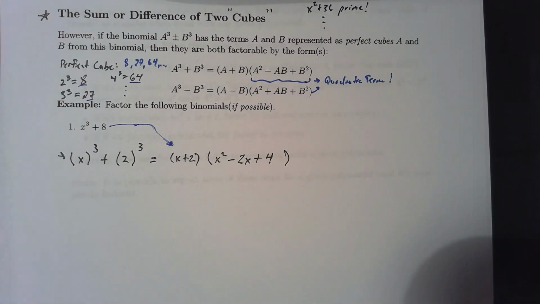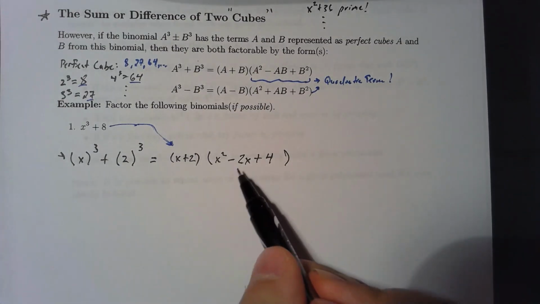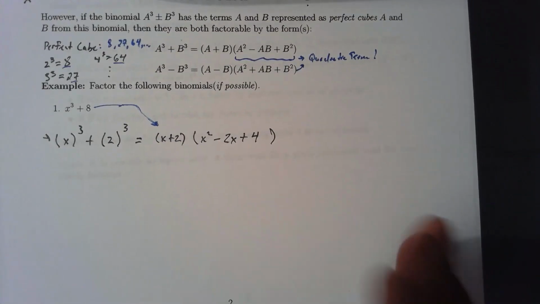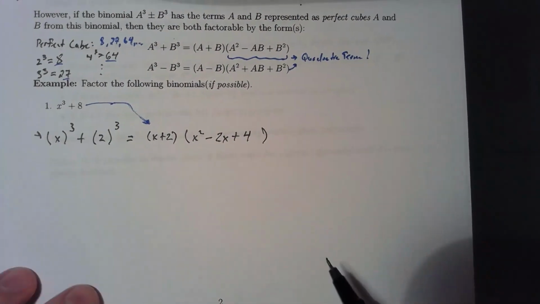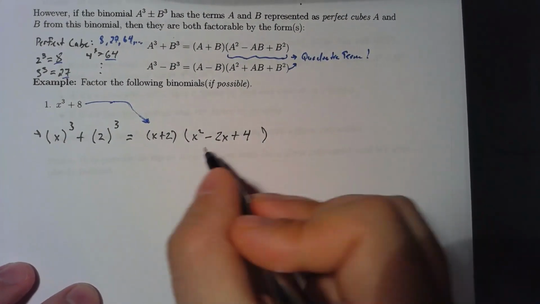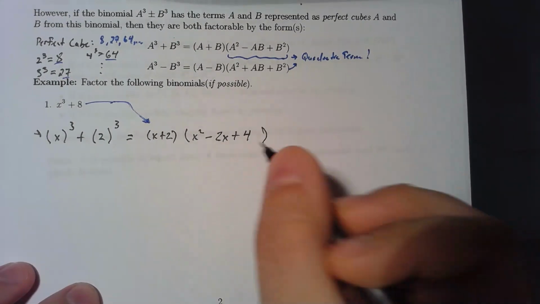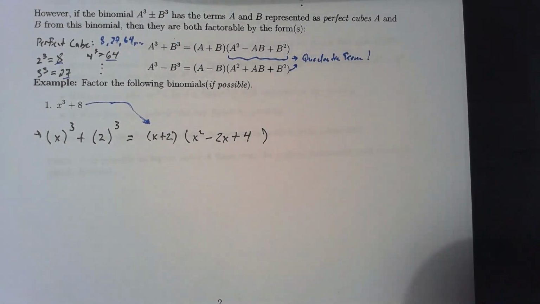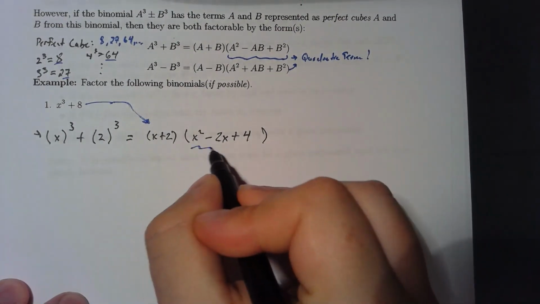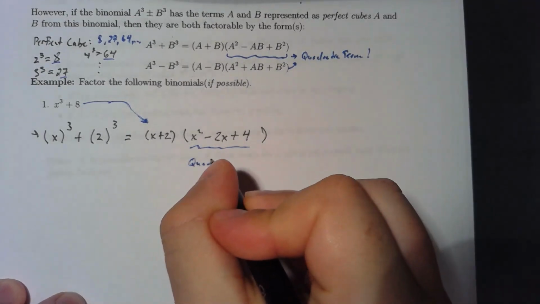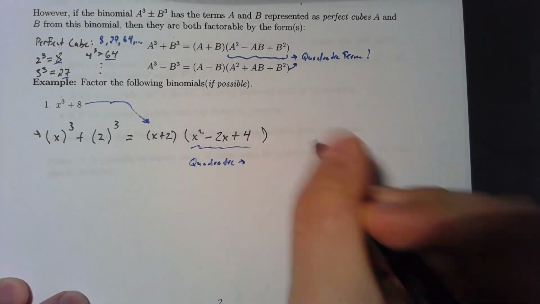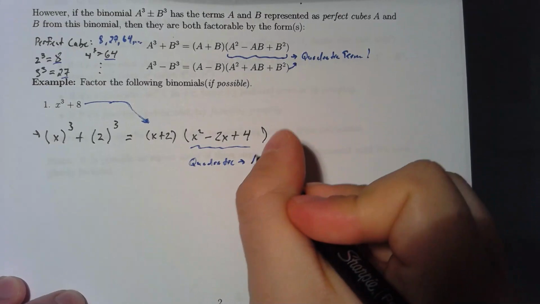Now remember, quadratics also factor, don't they? They could, and sometimes they don't, but we still have to check and see if this factors. This is a quadratic, so we have to factor it with the AC method.